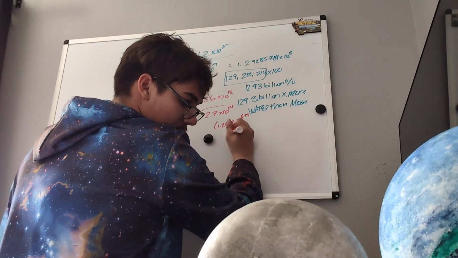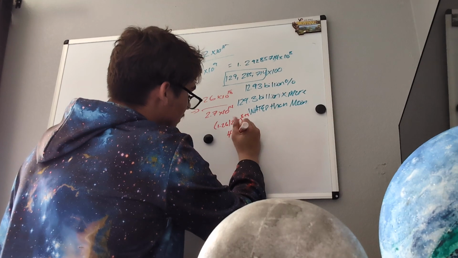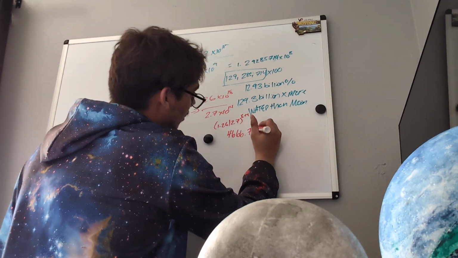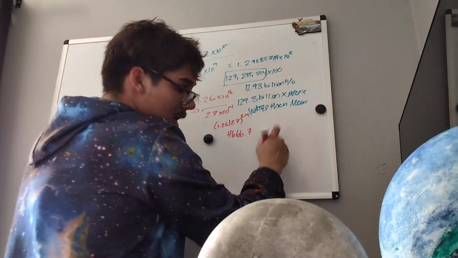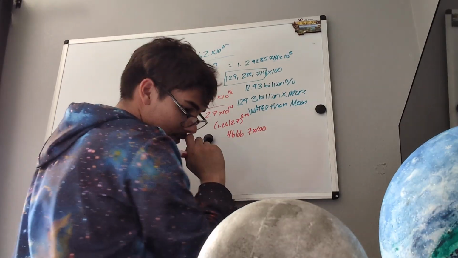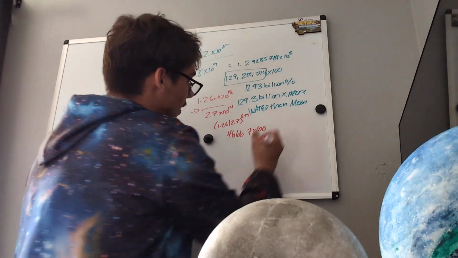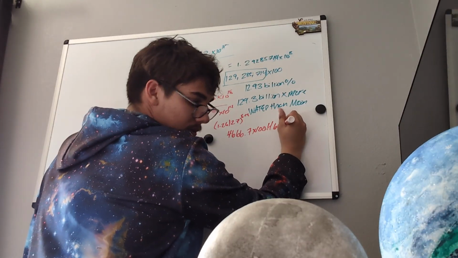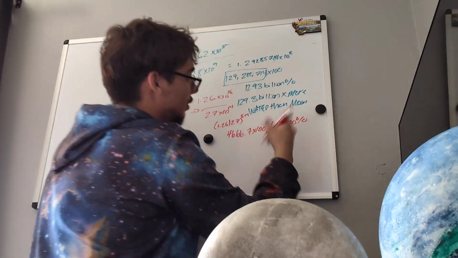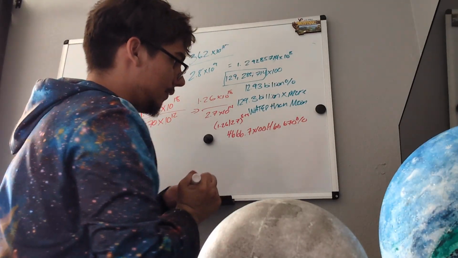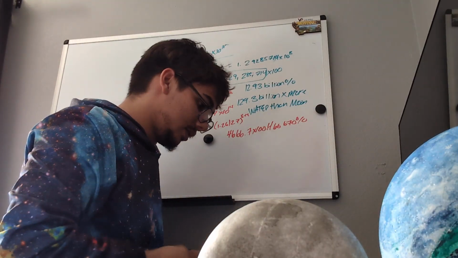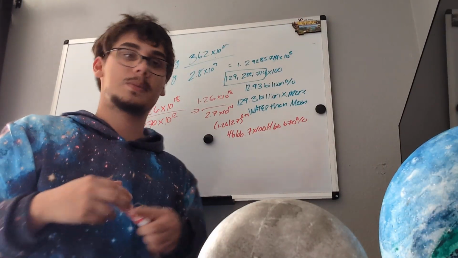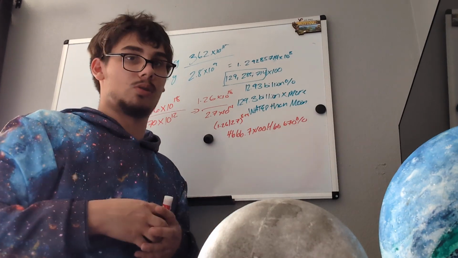Alright, so that's just 4,666.7, and then we want to find the percentage and just multiply that number by 100. That's just in percentage, so 466,670 percent.